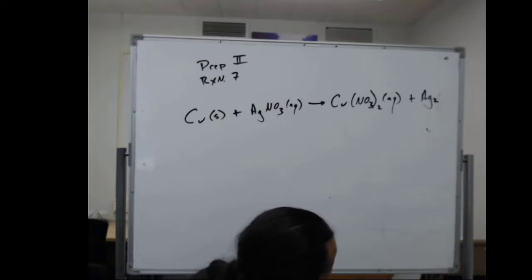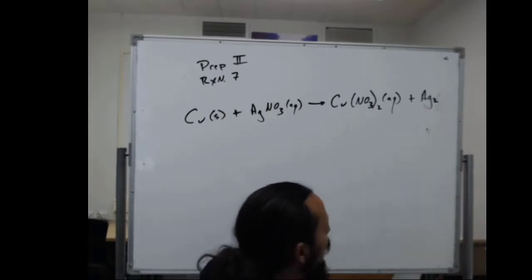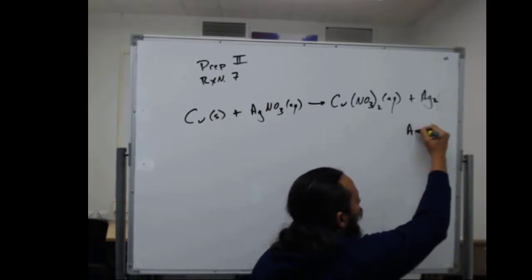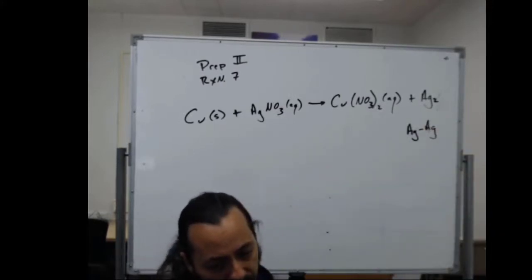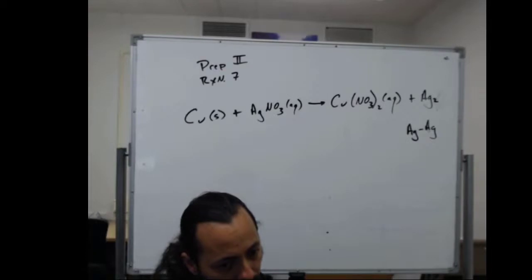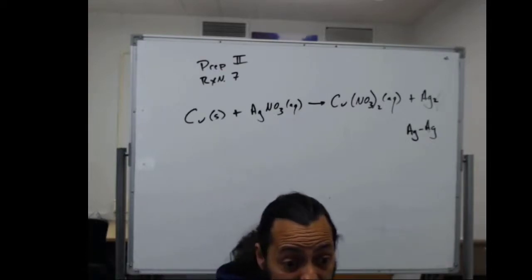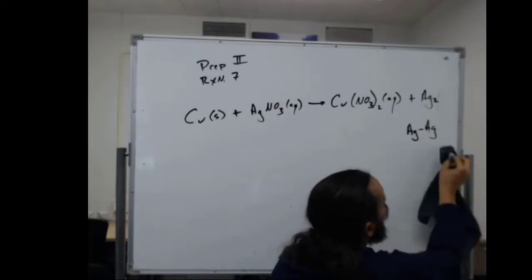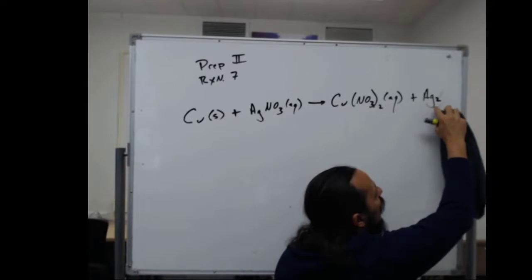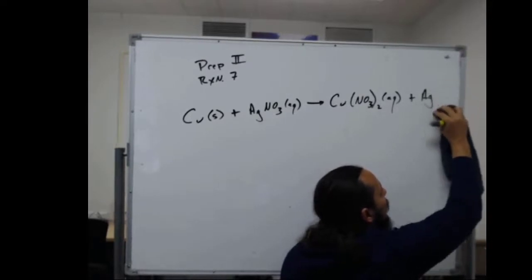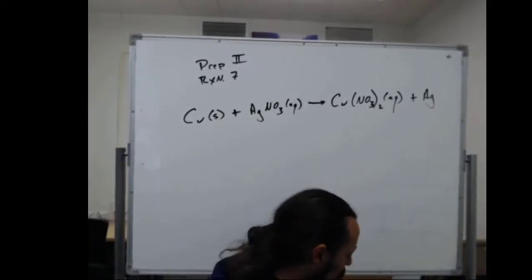So in this situation, we've got an Ag with an Ag. What's the difference between those two silver atoms? Nothing. There's nothing that's different. So if we looked for the smallest ratio possible here, we would say it's just silver connected to silver. We're just going to call that Ag.